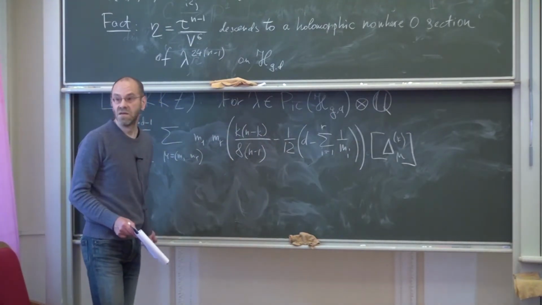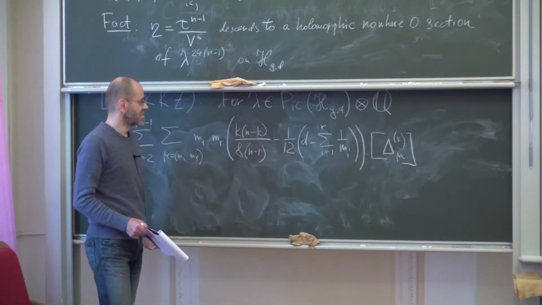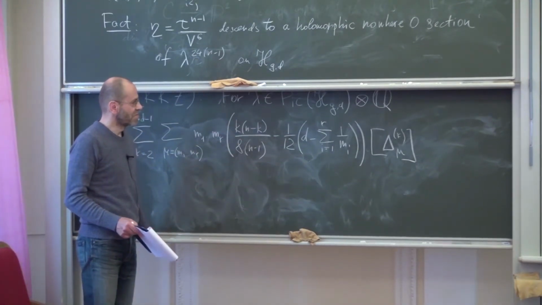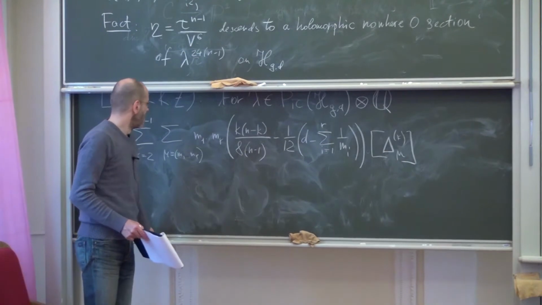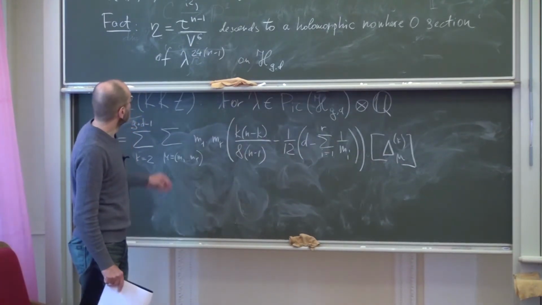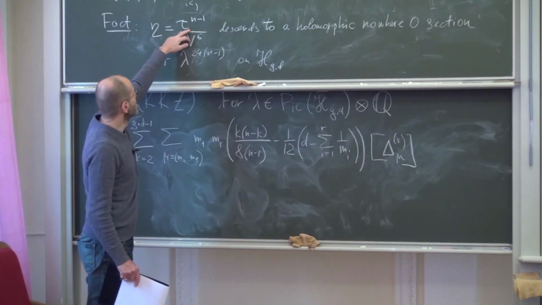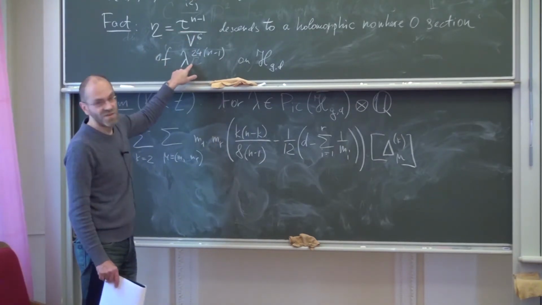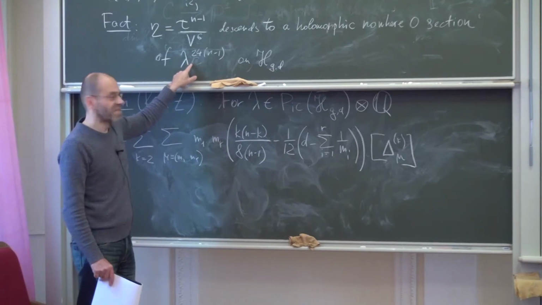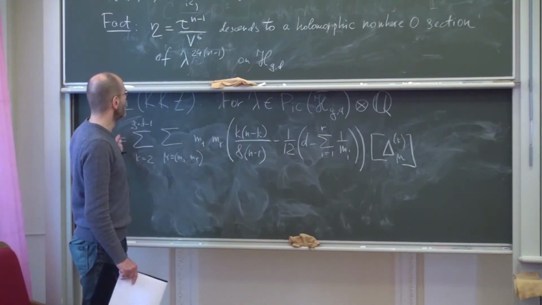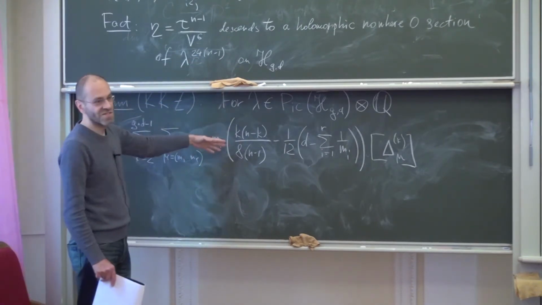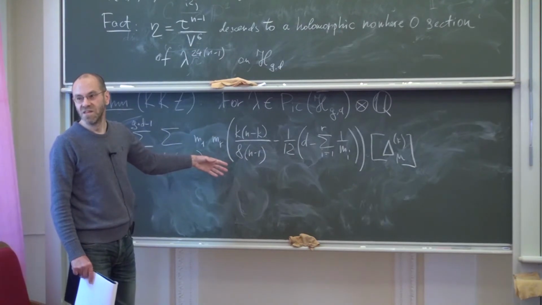This is a relation in the Picard group? Yes, that's a relation in the Picard group. What is the tau function? Tau function is here. This is the van der Monde. The ratio is the section of this line bundle. That's where tau is. And the rest is just the divisor of tau.